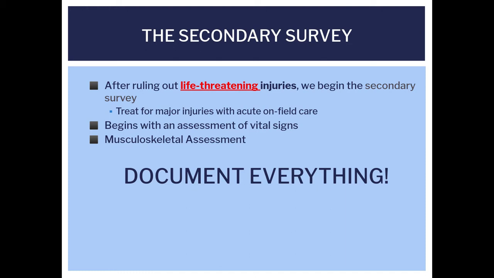I'm calling them minor. It says major right here. But the more minor injuries because they're not as life-threatening, but they can still be major. So a fracture obviously can still be a pretty traumatic injury, but it's not going to be as major as maybe something like cardiac arrest, a neck injury, and so forth.